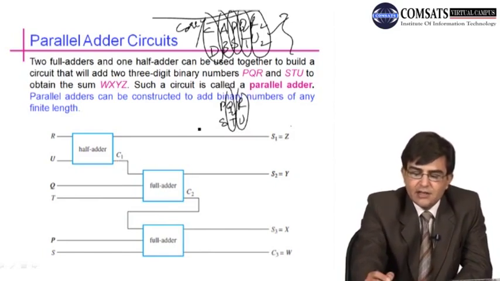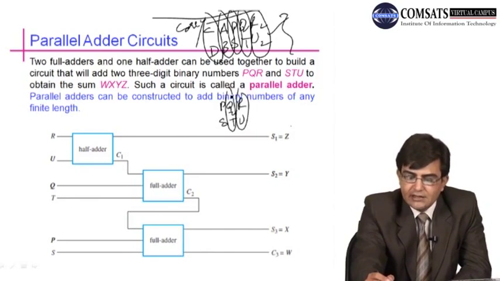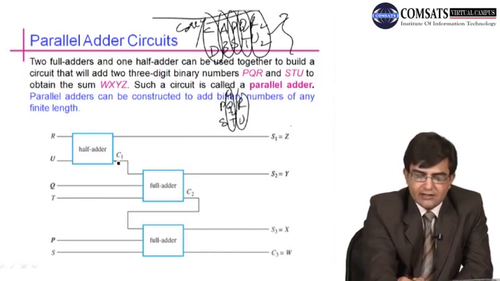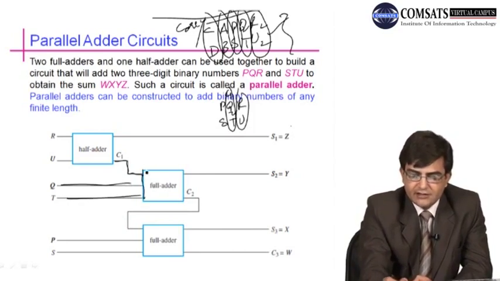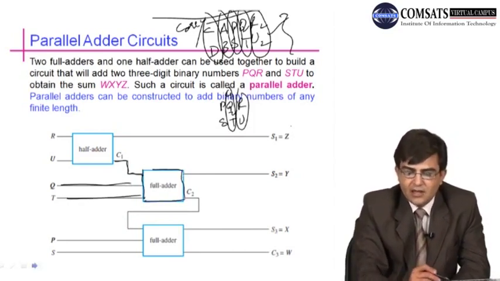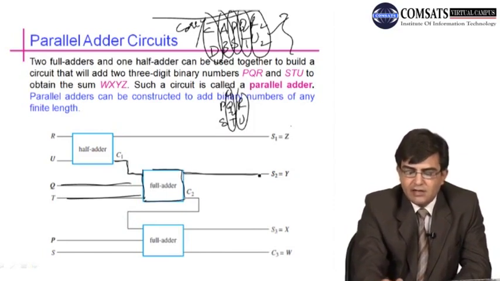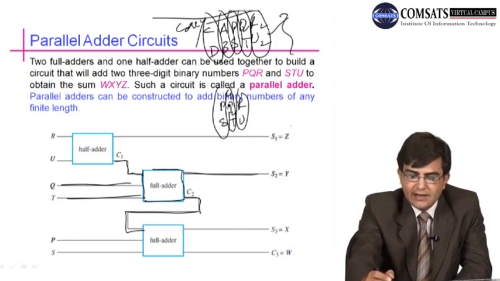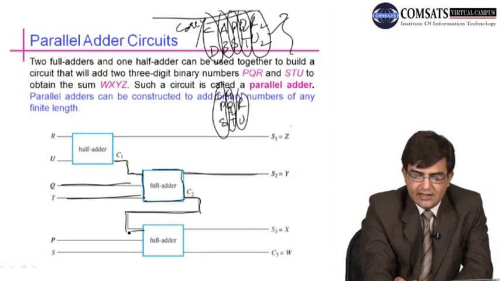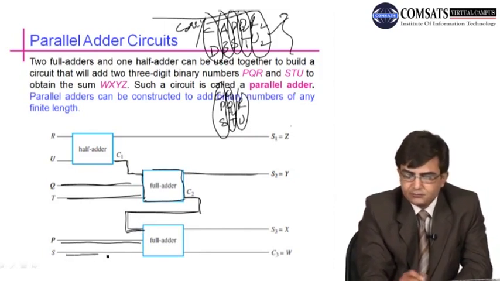The carry will be added to the second column, Q and T. Here we have carry 1, so carry 1 is added here with Q and T, and we have constructed a full adder circuit. We have one sum and carry, and the carry in this case will also be the input of the next full adder circuit when we add up P and S.